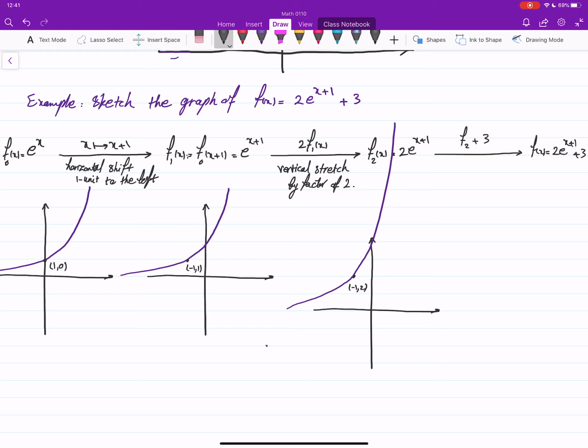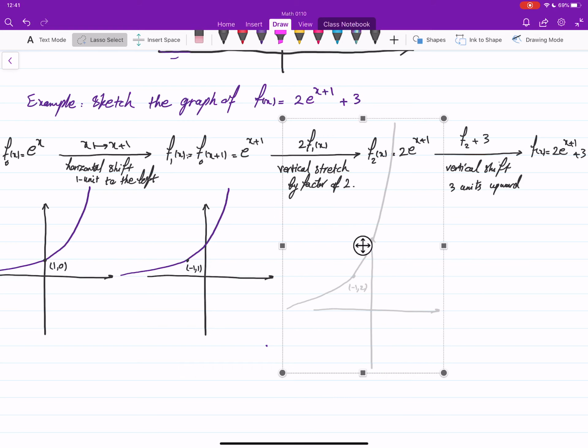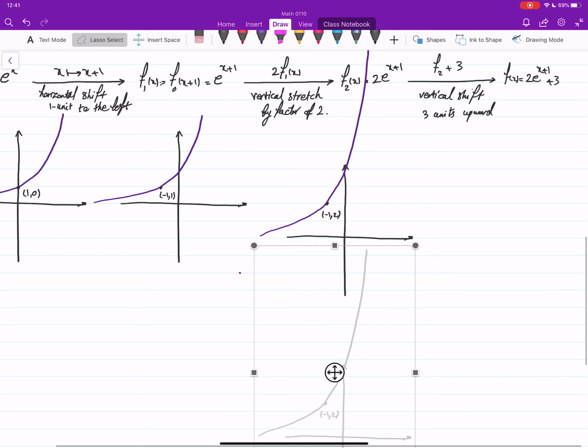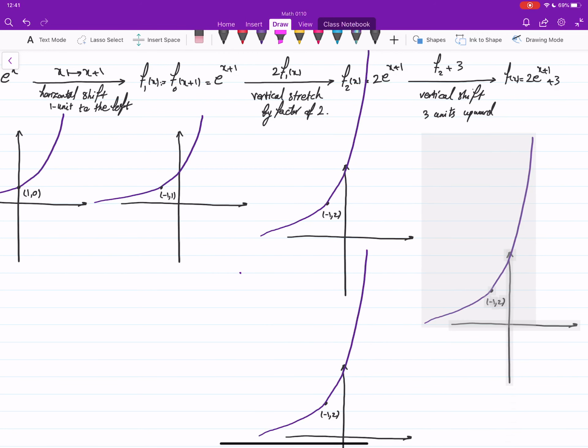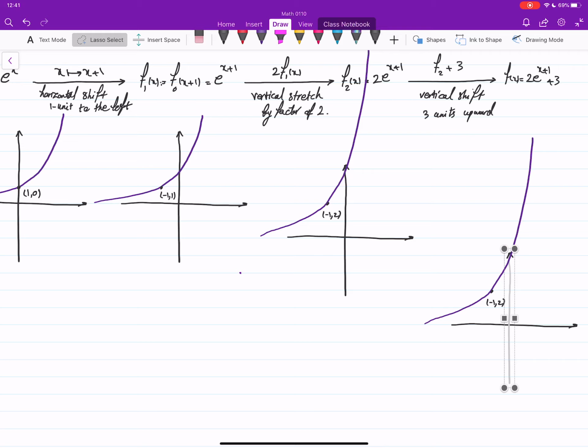And the next thing is to shift 3 units up. So this is a vertical shift 3 units upward. Let me copy and then paste.